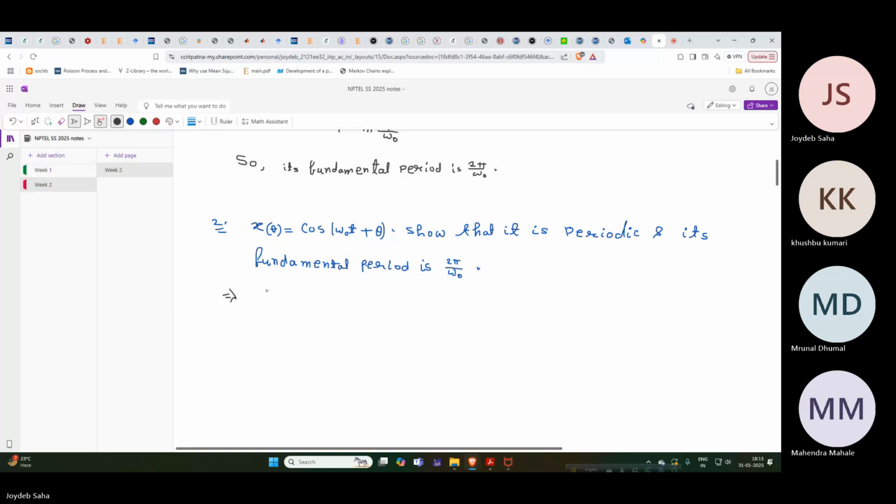So this signal cos(omega 0 t plus theta) will be periodic if cos(omega 0 (t plus capital T) plus theta) is cos(omega 0 t plus theta).